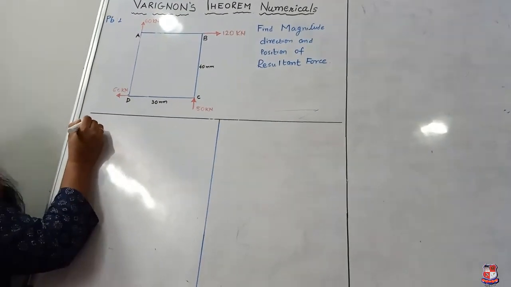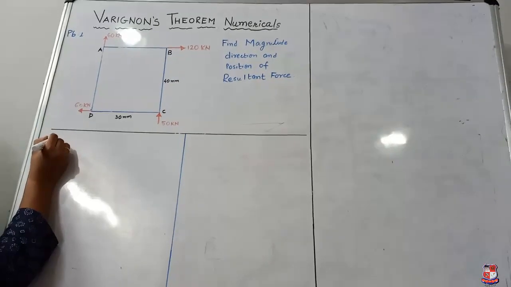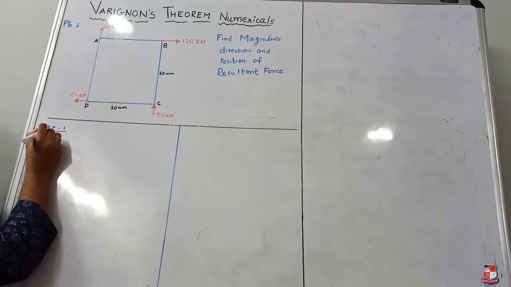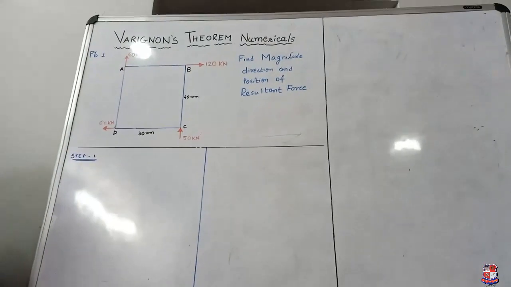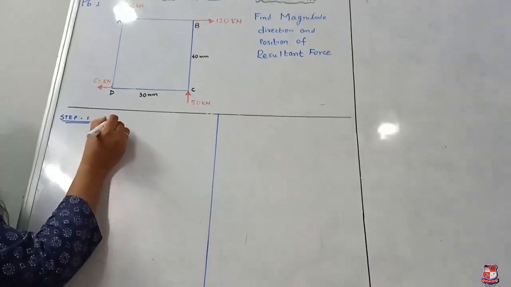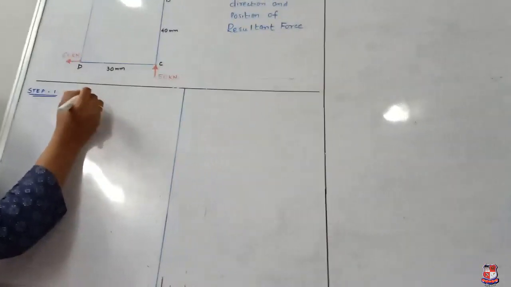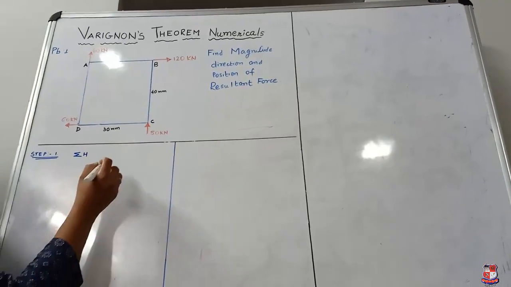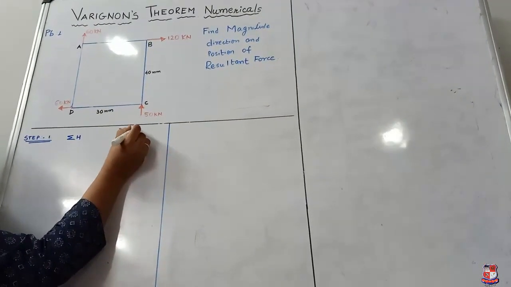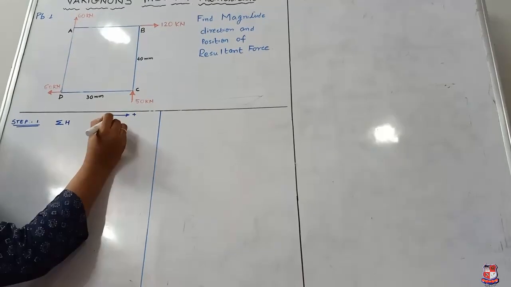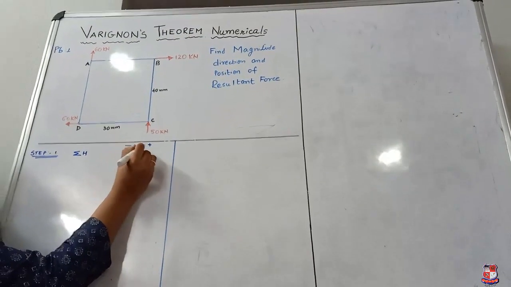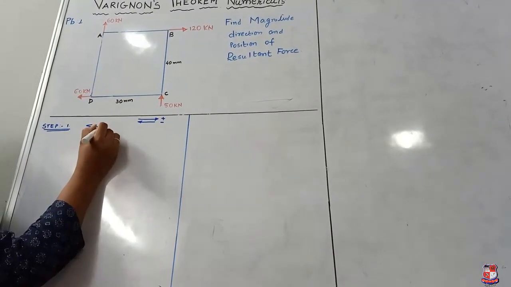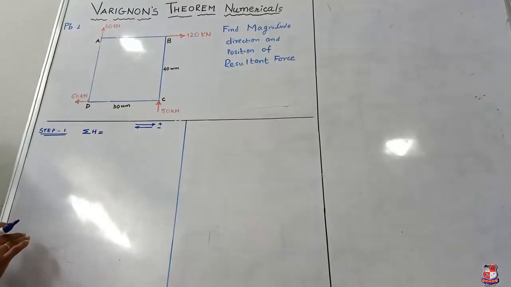Step number 1 is to find out the value of the resultant, and to find it we have to find the algebraic summation of all the horizontal forces. What does the algebraic sum of horizontal forces mean? If the force is moving towards the right direction, we take it as positive. If the force is moving towards the left direction, we take it as negative. Now in this figure, what are the horizontal forces?